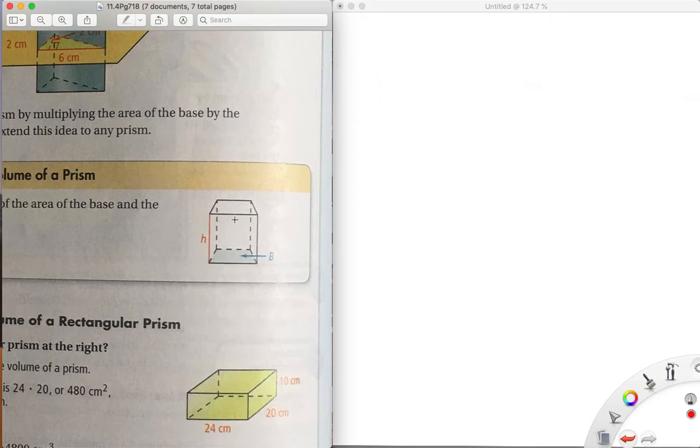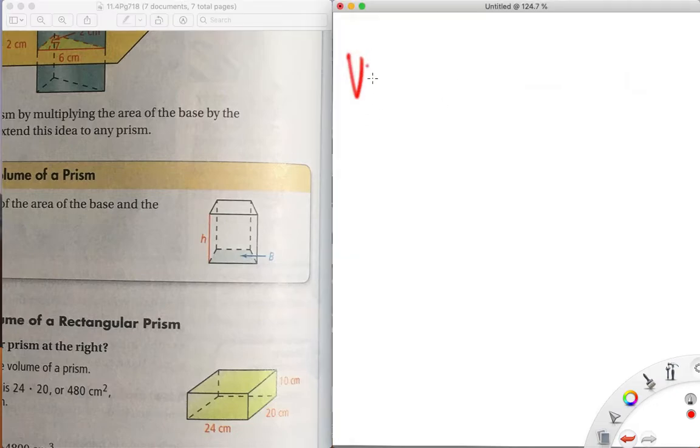It's perpendicular to both the bases at the bottom and at the top. And the volume of a prism is going to be the area of the base, uppercase B, times the height, and that's the height of the prism.